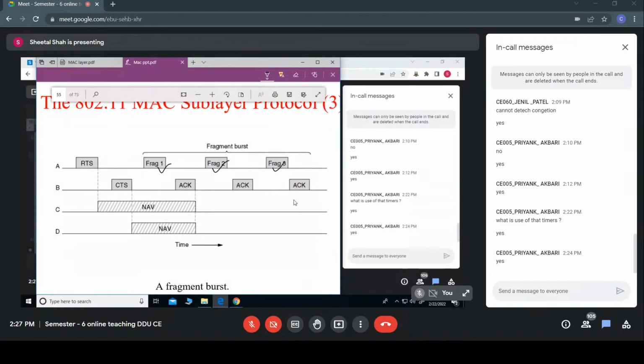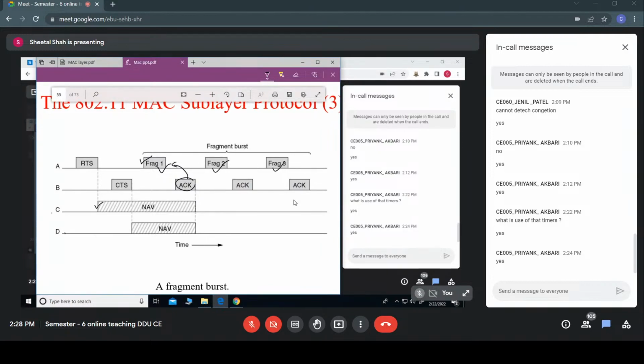The entire frame is divided into smaller pieces which are known as fragments. So station A would divide that frame into fragments. Fragment 1 is sent, the acknowledgement of that would be sent by station B to station A, then the next fragment would be sent, and so on. Okay, and the timer for this NAV would be started by station C as well as station D.